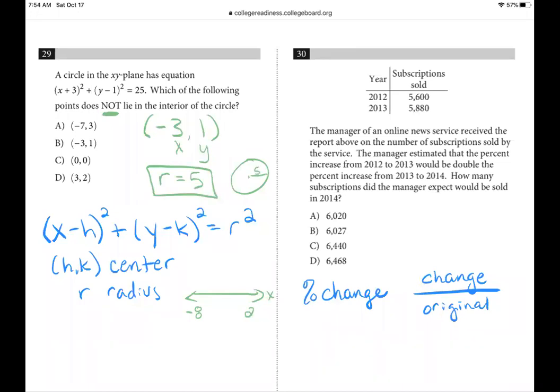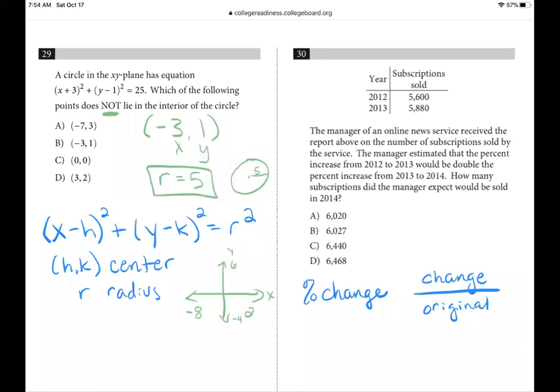From the center, we go 5 left or 5 right. For the y value of 1, if we go up 5 from 1, that would take us to a maximum y value of 6, and 5 down from 1 would take us to a y value of -4. So we want to see which of these points is not within those x and y values.